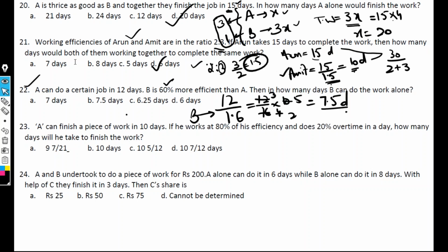Be quick, guys. Solve 23rd. Come on, guys. Be quick.